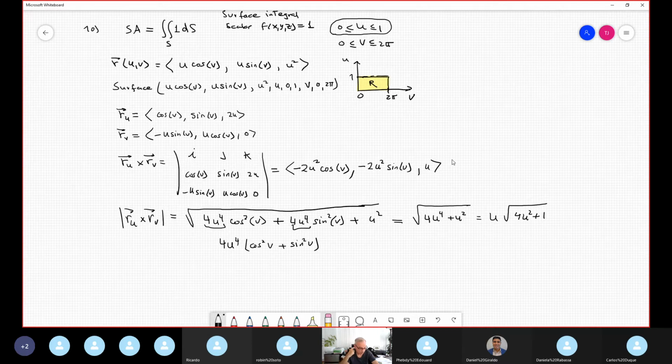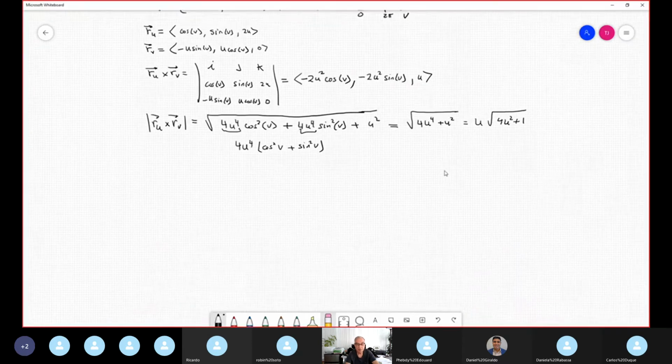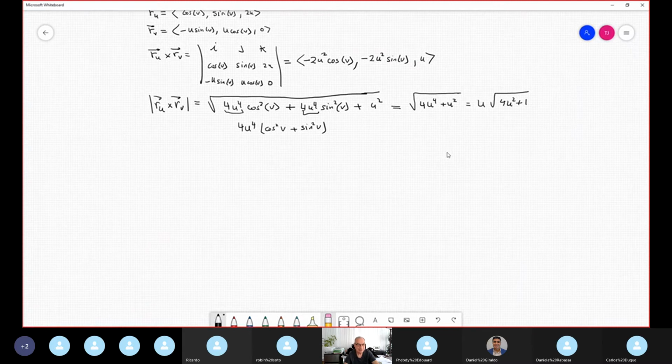Okay, so my dS, the surface area. Not vectorial, because our function is 1. So this is a typical surface integral of a scalar.